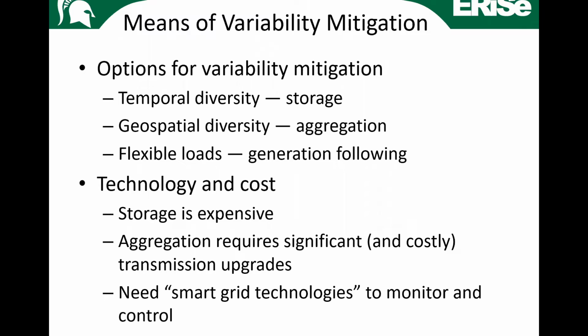The other is geospatial diversity. And there's a very simple way of thinking about it. Let's say you need power in Houghton, but the wind speeds here aren't high enough.